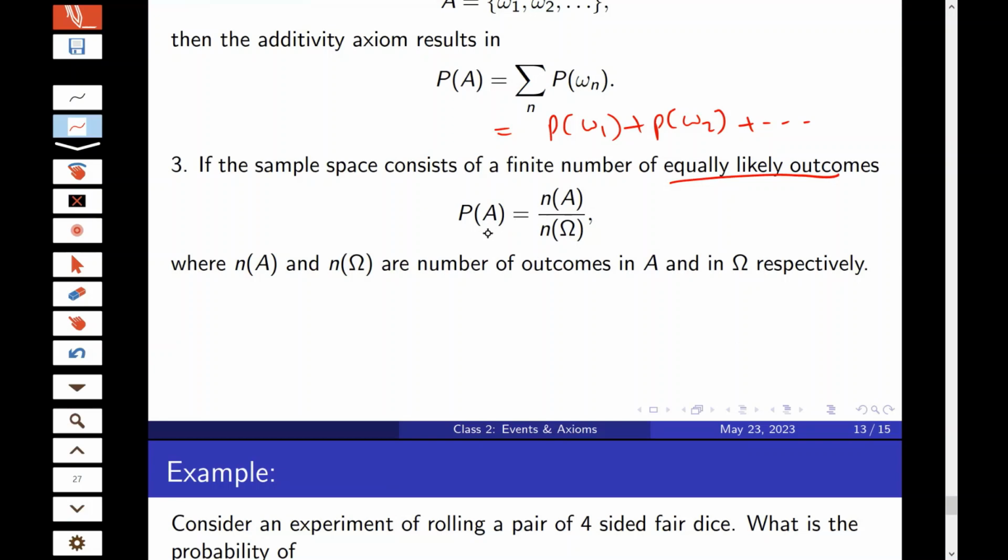If that happens, then probability of A is the same as the number of outcomes in A divided by the number of outcomes in omega.